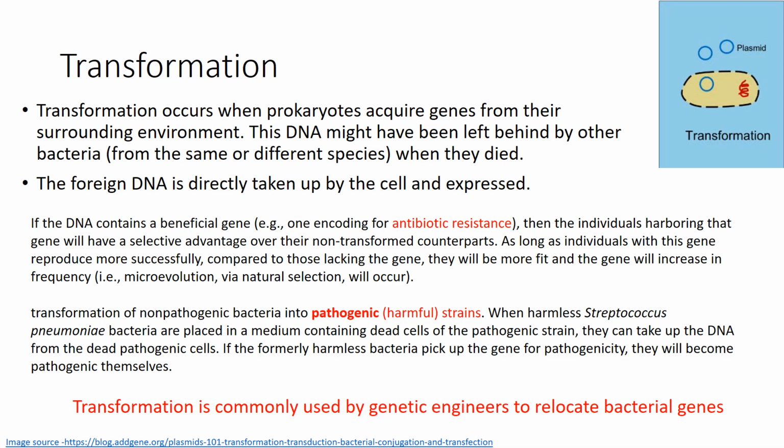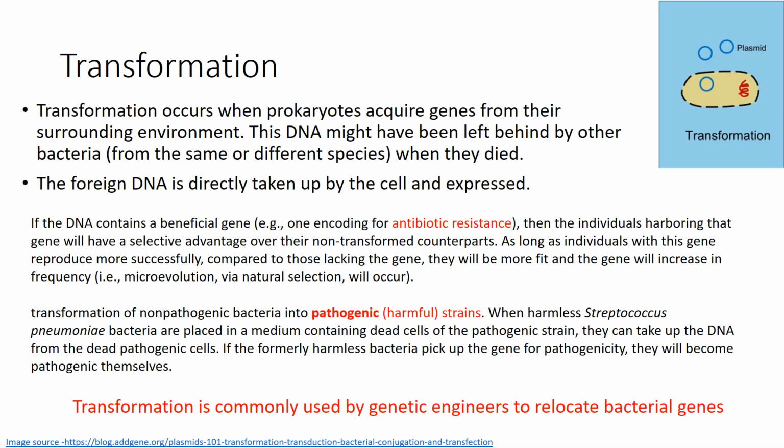So let's say that the foreign DNA has this beneficial gene of antibiotic resistance, and any individual bacteria that would have this would get a selective advantage, right? Because let's say one bacteria picked this up but the other bacteria did not, and then they encountered this antibiotic. So this bacteria would be at an advantage, right?